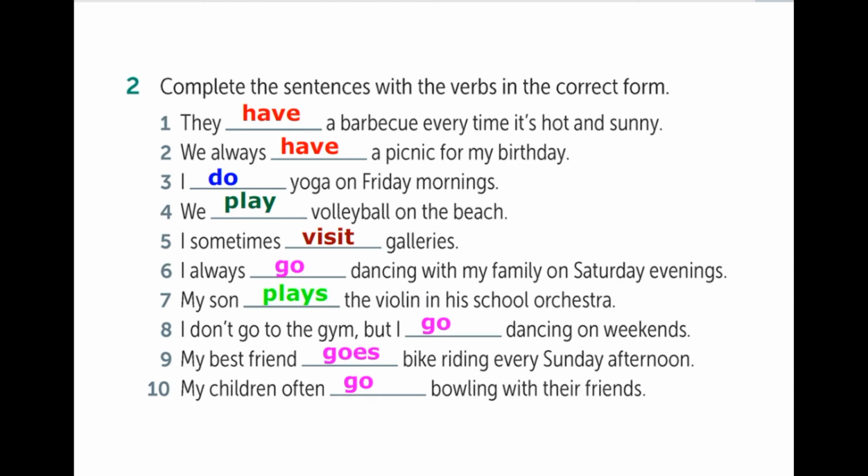You could also say for numbers 9, 10, instead of saying goes bike riding, you could say my best friend rides his bike, right? Using the verb ride. And number 10, you could say my children often bowl or go bowling, that it's more common to use, right?